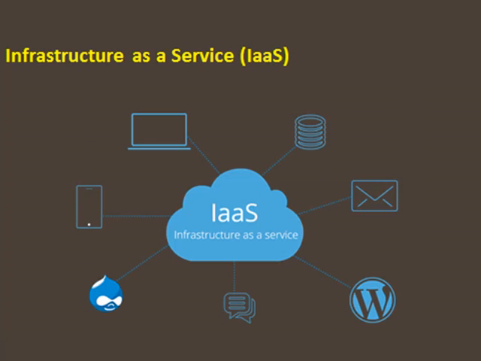And the third one is infrastructure as a service. This is the fundamental, or basic, level of service. Here, the service providers provide basic computer services like servers, storage, IP addresses, operating systems, virtualized operating systems and all to the clients or to the organizations.